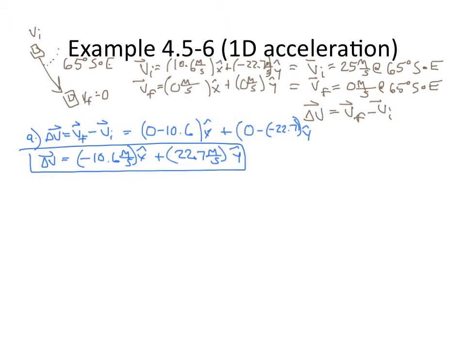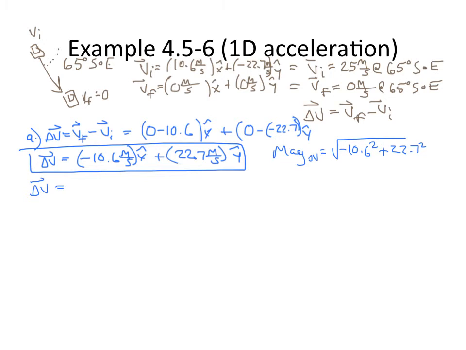Let's just do some Pythagorean and inverse tangent and turn that into magnitude and direction. So delta V, the magnitude, is going to be the square root of negative 10.6 squared plus 22.7 squared.